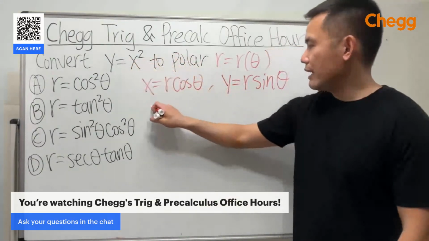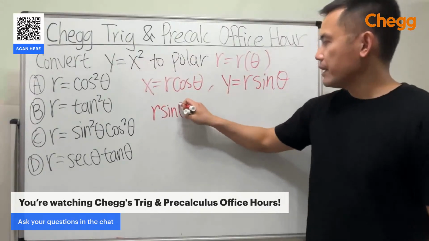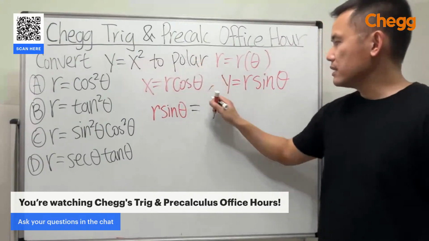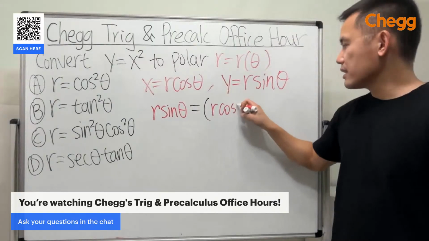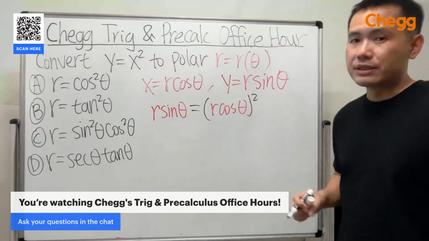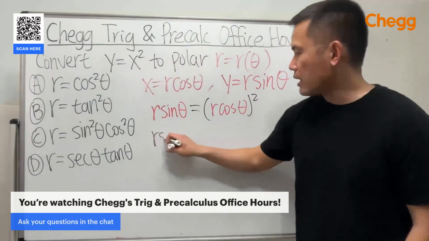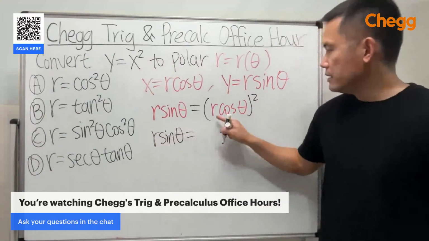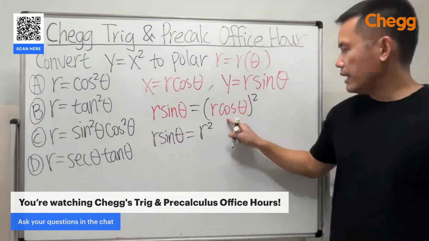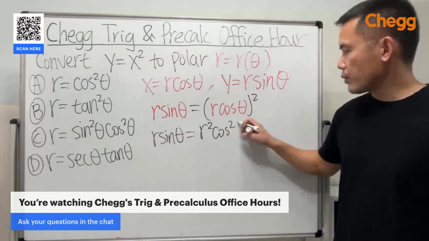Anyways, here we go. Put this in here. So we have r sine theta is equal to x, which is r cosine theta, and then we have to square that. R sine theta, this is r squared, and this is cosine squared.